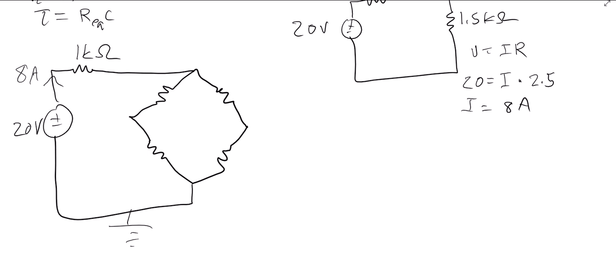And so as we go across the 1 kilo ohm resistor, Ohm's law tells us that it's 8 amps, or 8 milliamps?